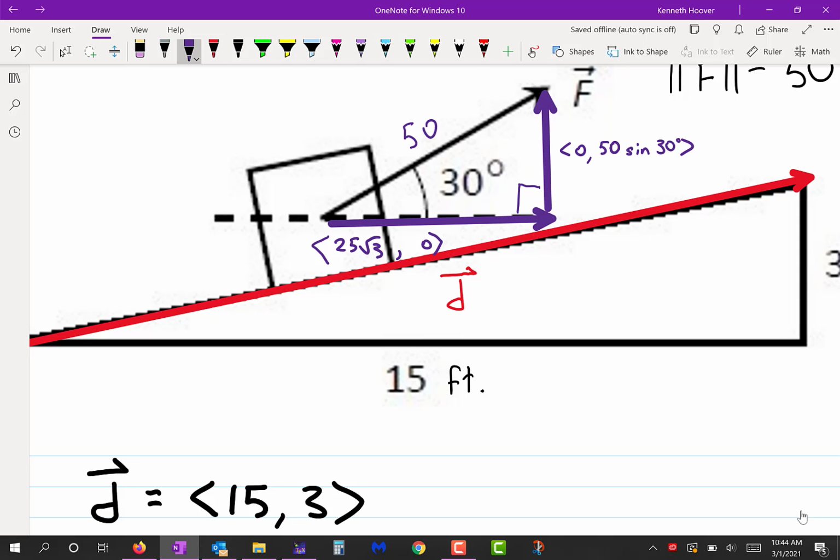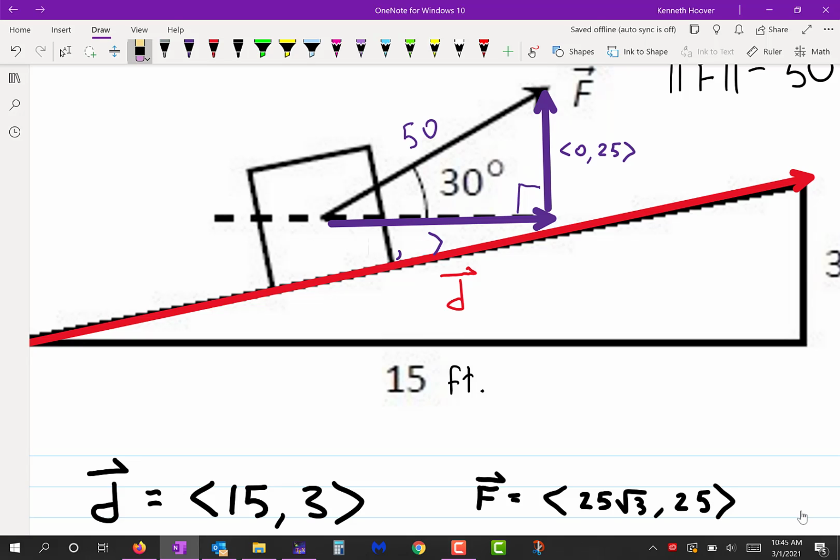So we get 0, comma 25. And F is the sum of those two. So F equals the vector 25 root 3, comma 25.